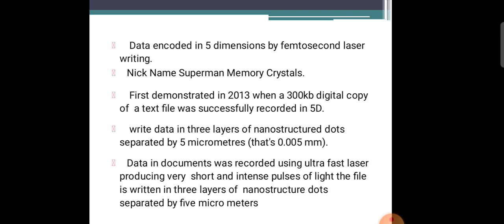Data in the document was recorded using an ultra-fast laser, producing very short and intense pulses of light. The file is written in 3 layers of nanostructure dots separated by 5 micrometers.